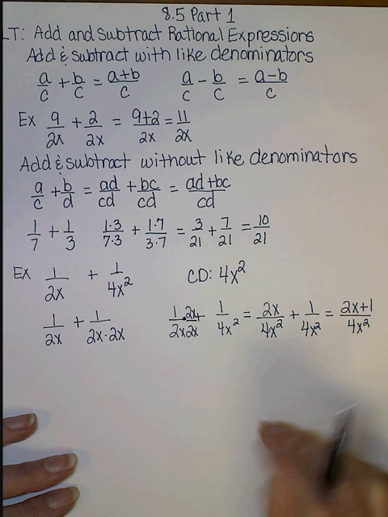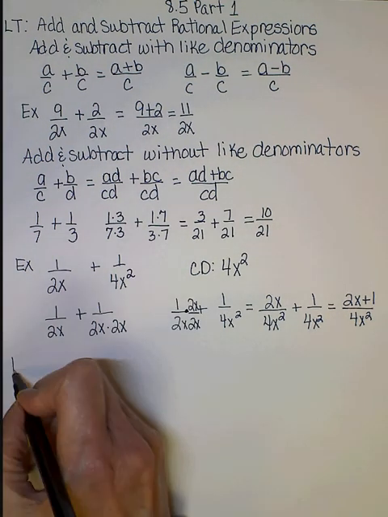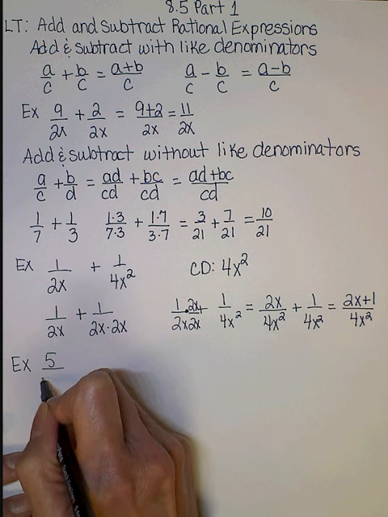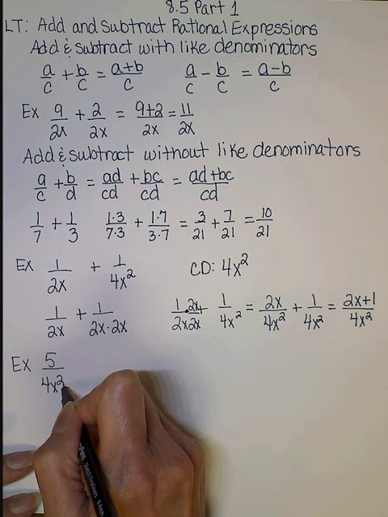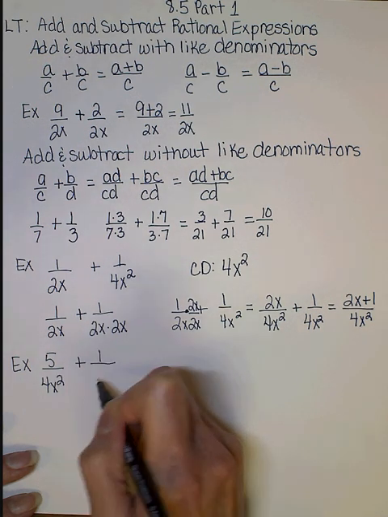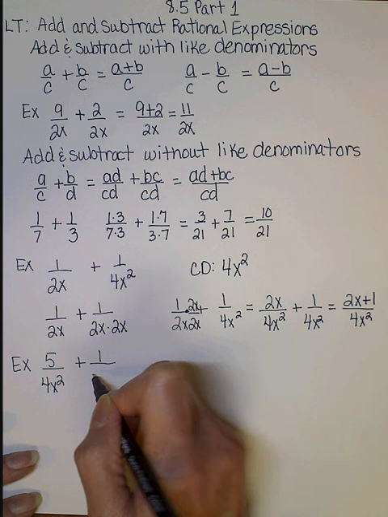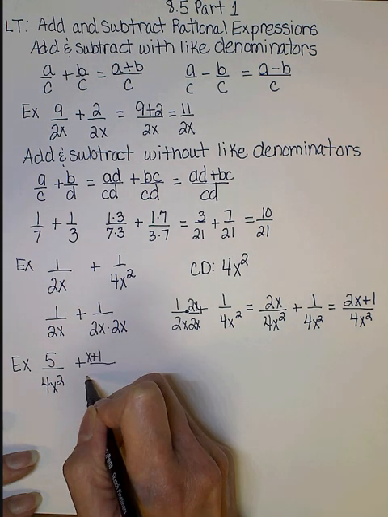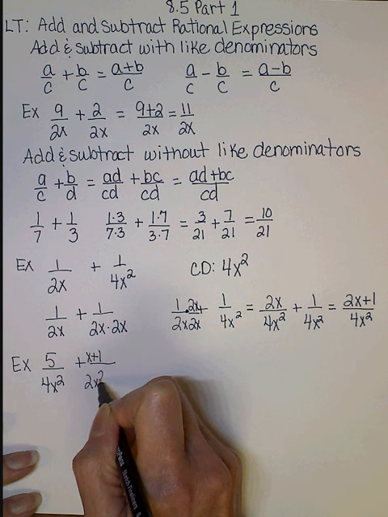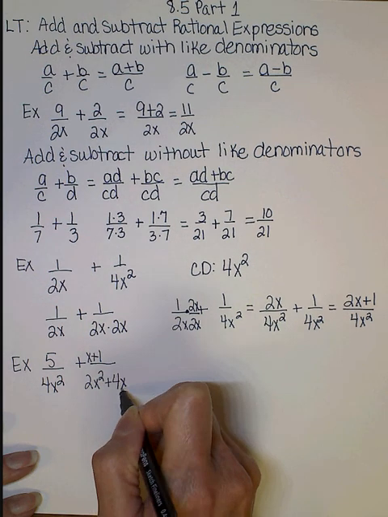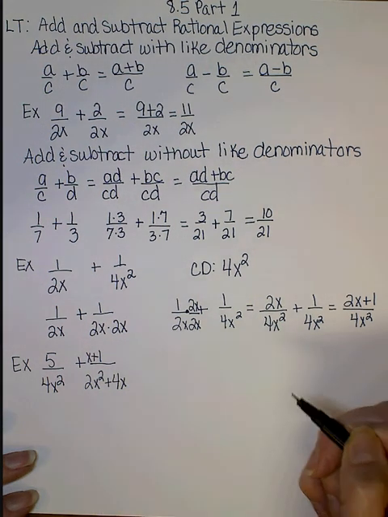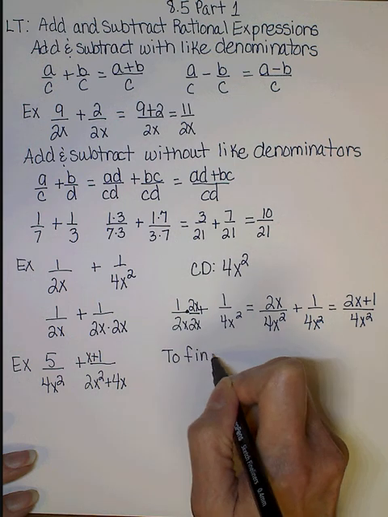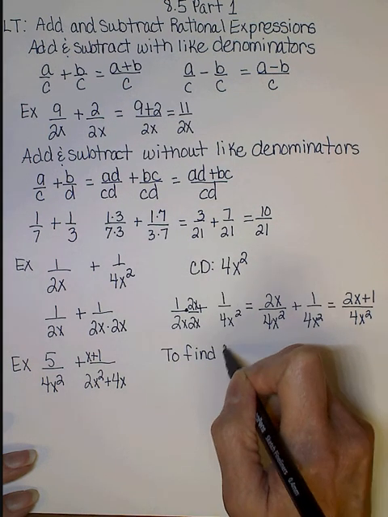Alright, now let's try another one. Sorry, this is x plus 1 over here. Now when you first start this whole process out, the first thing you want to do to find the common denominator is to factor anything that can be factored.